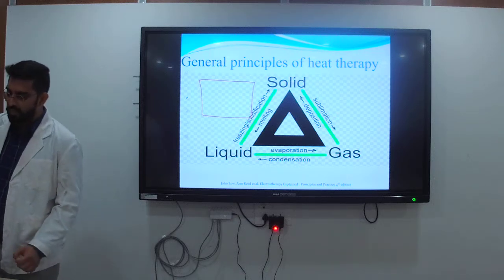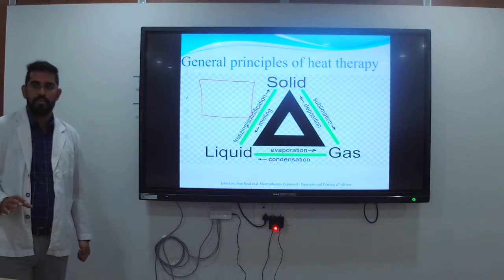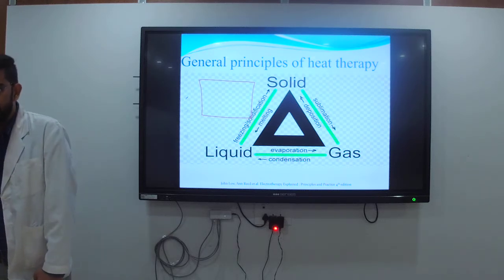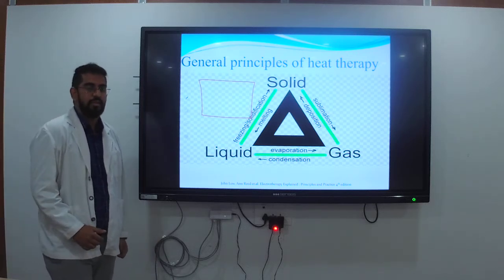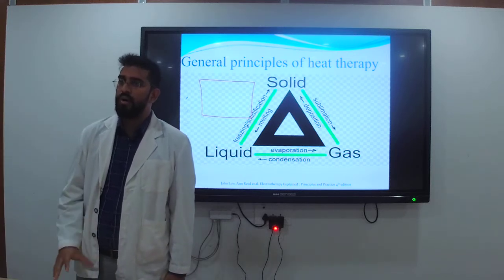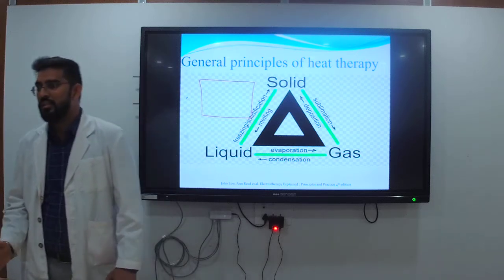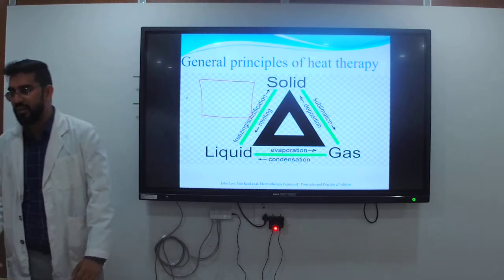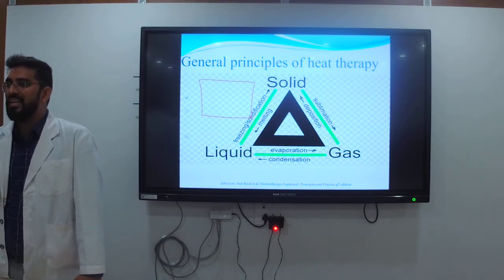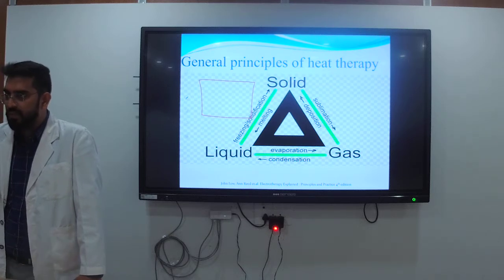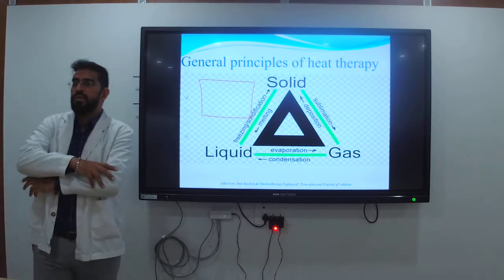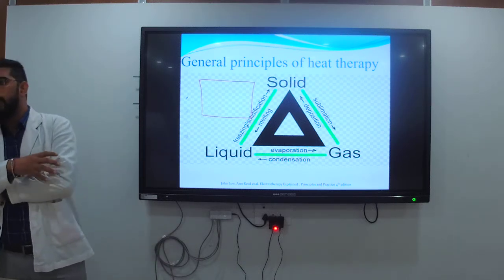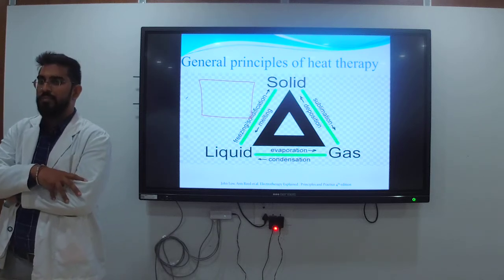Now I will give you an example. If you get an injury, the body's own mechanism is to not promote that particular part to undergo any further injury. So there will be a protective mechanism of the body which will not allow the body segment or part to move.